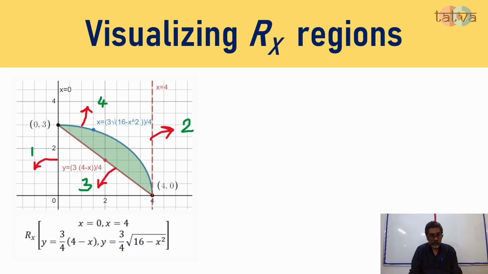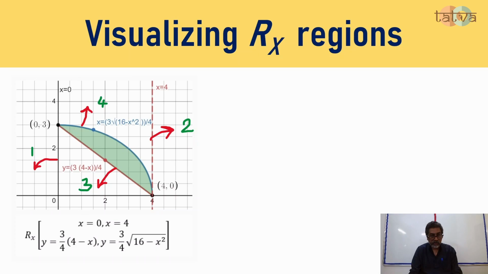Having understood that, how do we express the Rx region mathematically? So you can see, I write it as Rx, then use a square bracket, then write x limits first, which are constant, x is equal to 0 and x is equal to 4. Then the lower limit of y is the lower curve, in this case the straight line.